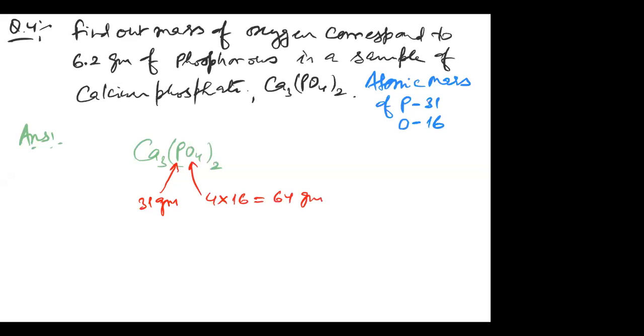So with 31 gram of phosphorus you have 64 gram of oxygen.